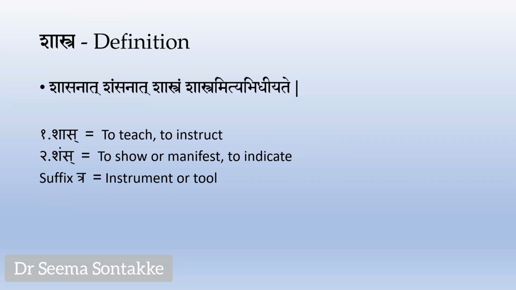But if we think about the darshan shastra, here the other root shamsa is expected, as this darshan shastra directly shows or manifests the ultimate reality in front of us. Darshana has a similar meaning. Thus, this darshan shastra, which is also known as moksha shastra, is a systematic way to reach liberation.